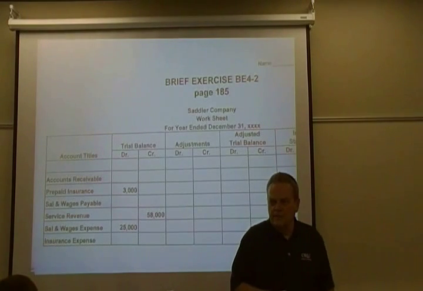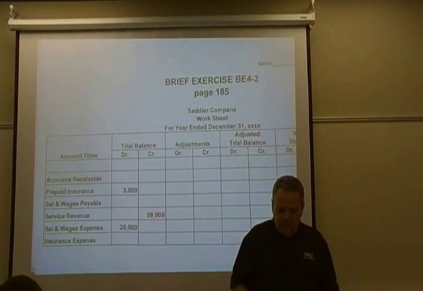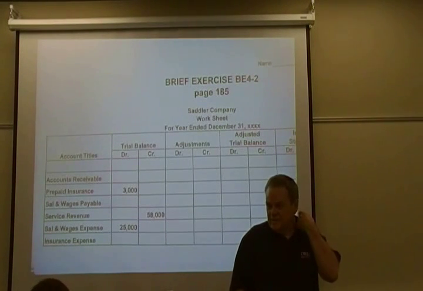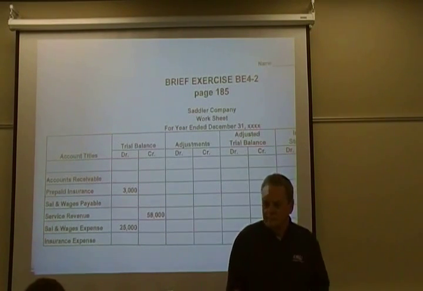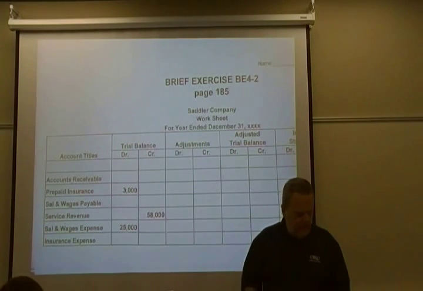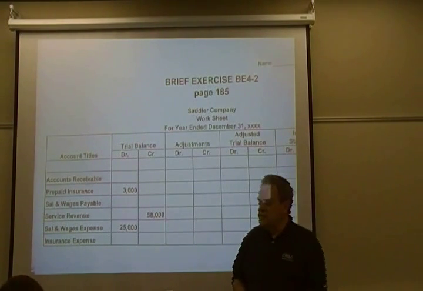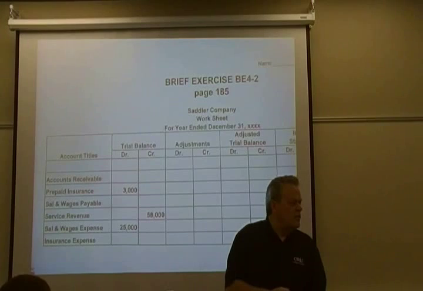So the problem says, anybody remember what the problem said? Read it to me, Matthew. Adjusting entries required for expired insurance, 1,800. Insurance expired 1,800. I'm wondering if one of you would volunteer to make me this adjusting entry. Mr. Grego, would you volunteer for me? Zach?